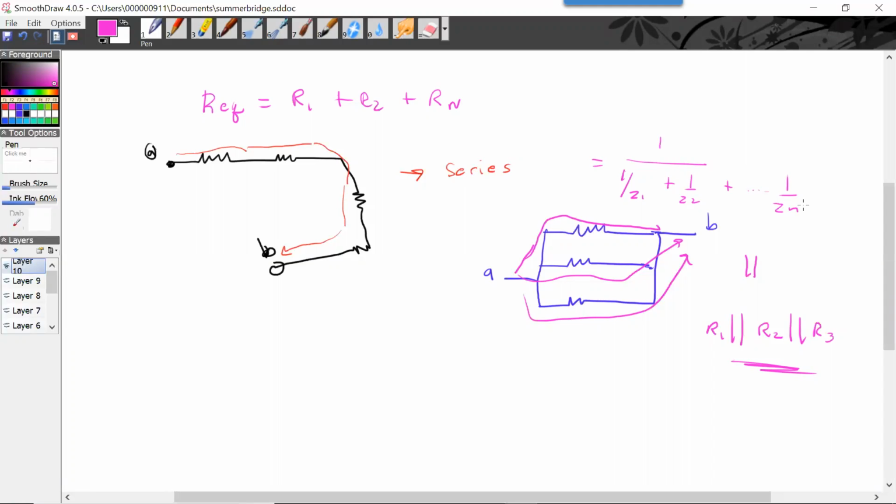And so sometimes we want to simplify a circuit: we can come up with a value for all of these, R equivalent, and then we just replace that in our series circuit.